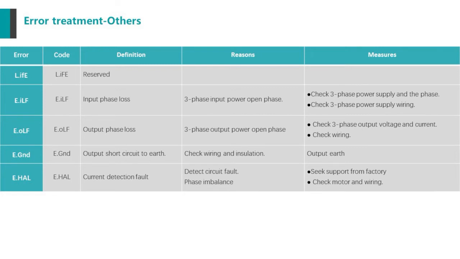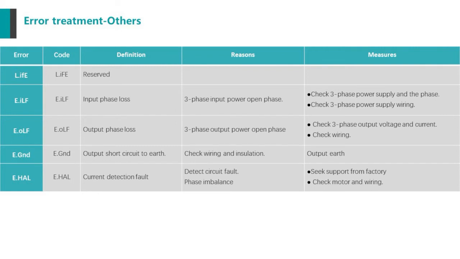This is mainly for rental business or for part payment where there is some balance payment, the customer could use this function. Once it reaches the running time, the inverter will display life blocked.